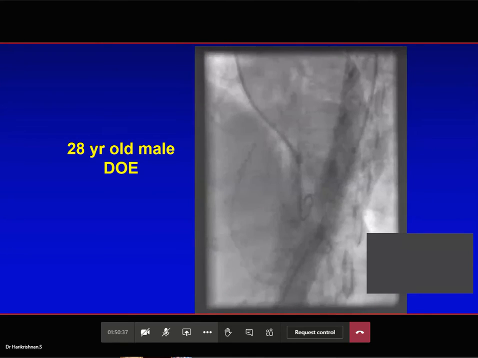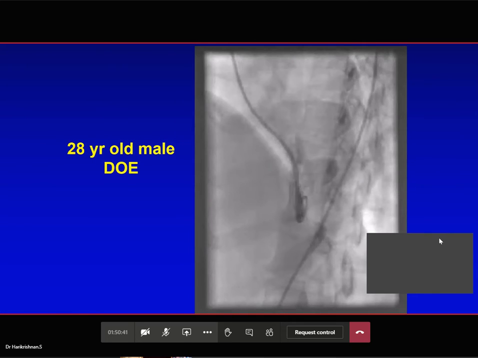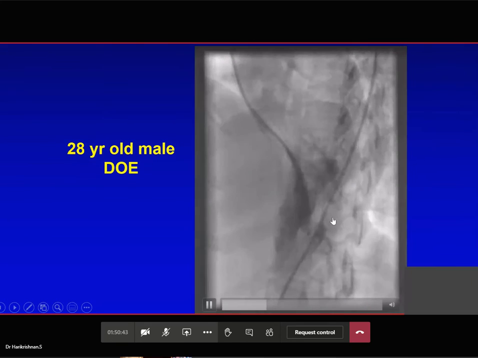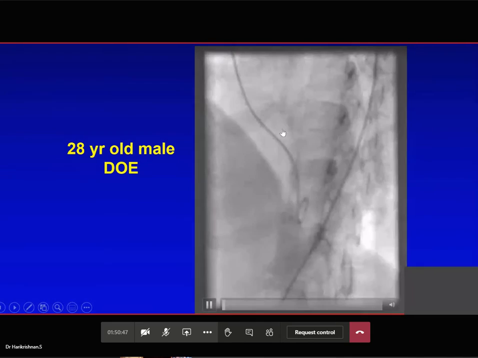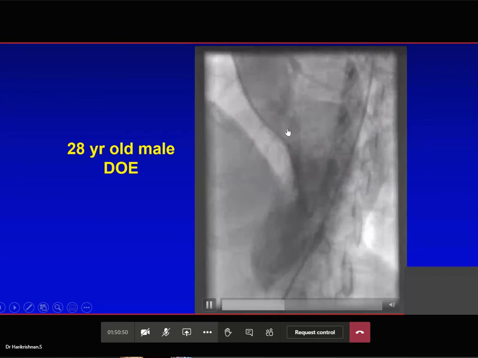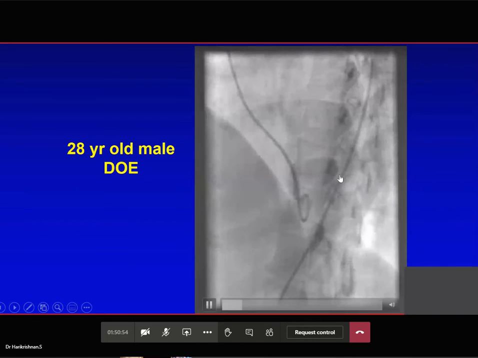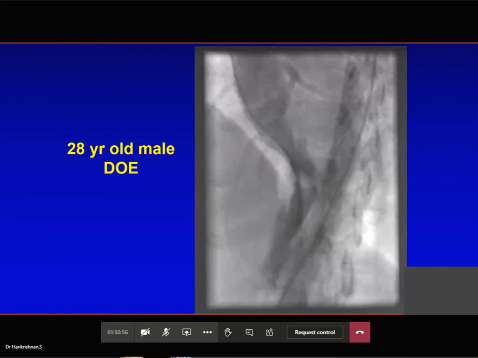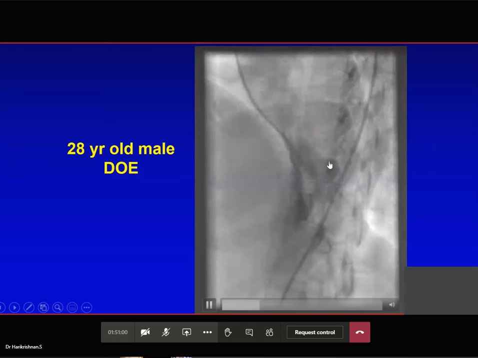Okay, this is a 28-year-old male with dyspnea on exertion. What is happening? You concentrate somewhere here. Young male with dyspnea on exertion. Yes, sir.